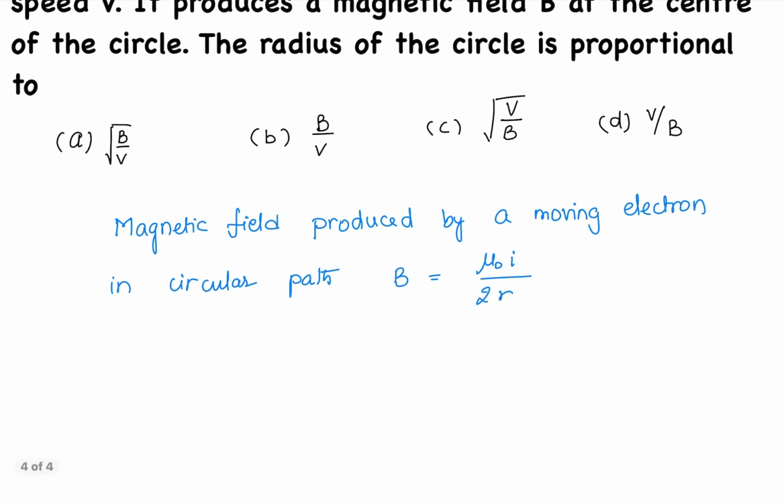Now here the radius is what we are supposed to calculate, and what it is proportional to. So for that we need the current I.